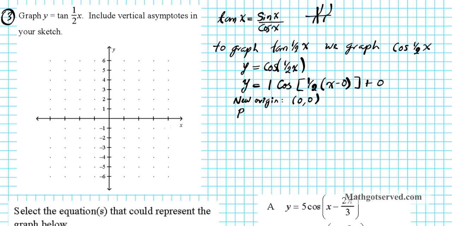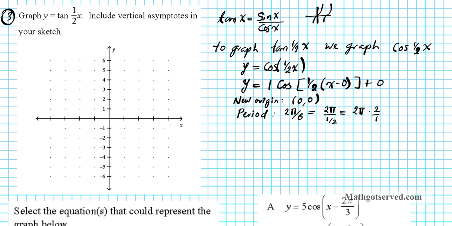Our period is 2 pi over b, and we can clearly see that b is 1/2. So we have 2 pi over 1/2. How do you divide 2 pi by 1/2? We're going to multiply the numerator by the reciprocal of the denominator, which is a fraction. That is the same thing as dividing, okay? So we have 2 pi times 2 over 1.